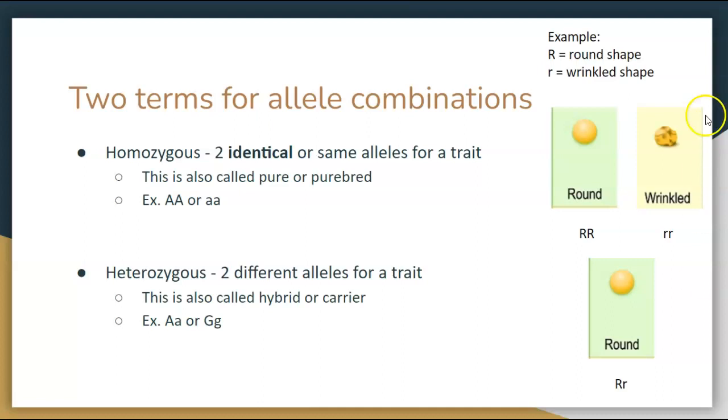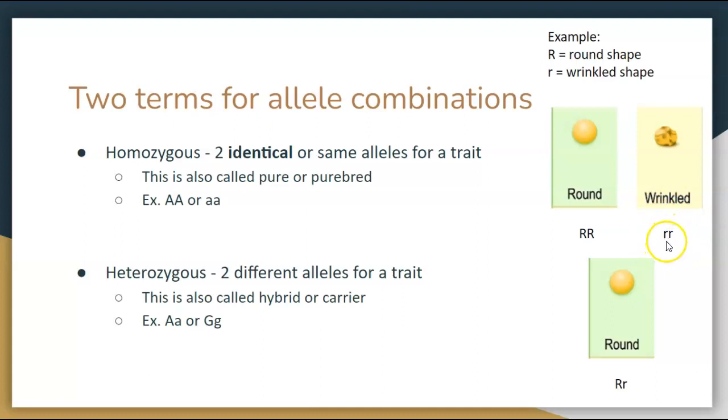So when we're looking at these allele combinations, and I have them up on the right-hand side here, we're still looking at seed shape, and so we have our round seeds, which could be homozygous dominant, right? Homozygous meaning the same, dominant meaning capital letter, or homozygous recessive, homozygous meaning the same, recessive meaning lowercase.